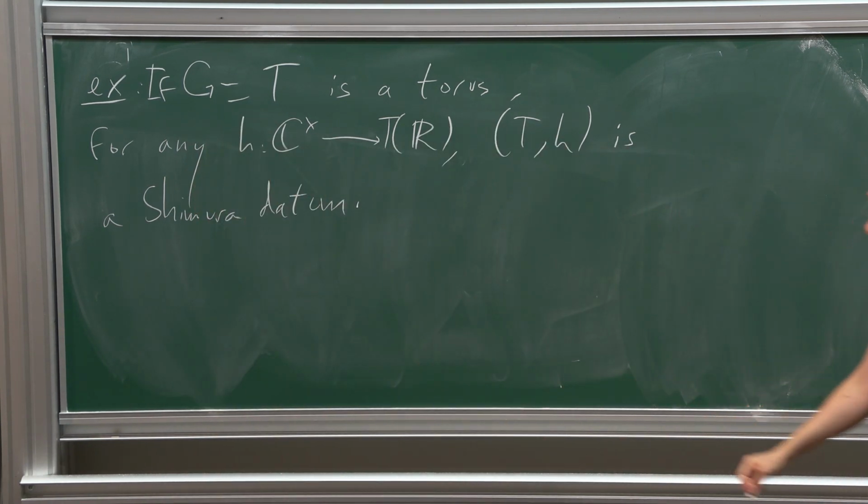If you look at the conditions on H, which I erased, if G is a torus, they're all trivially true.